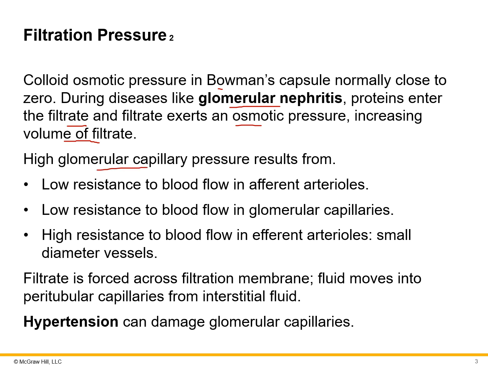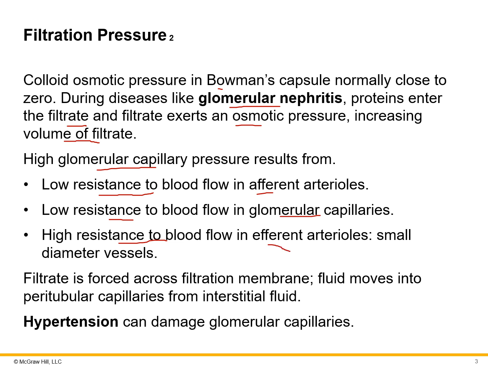That high glomerular pressure results from low resistance to blood flow in the afferent arterioles, low resistance in the glomerular capillaries, and then a high resistance in the efferent arteriole because of its small diameter.